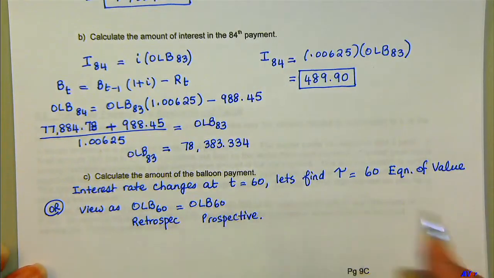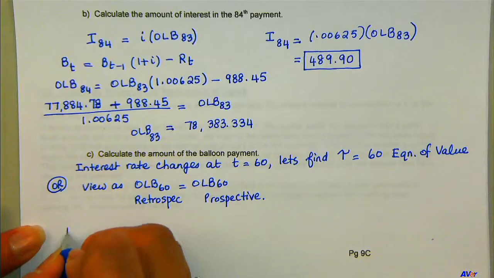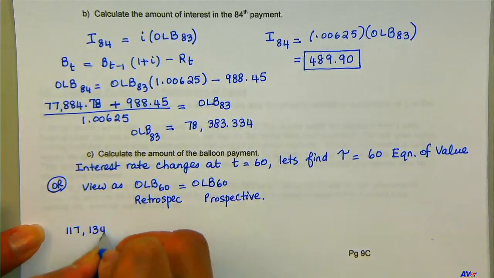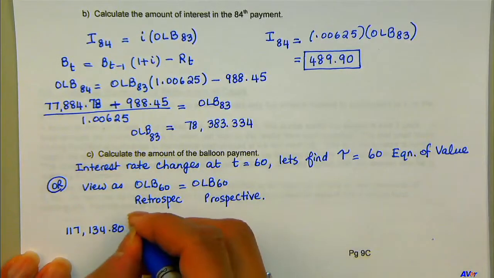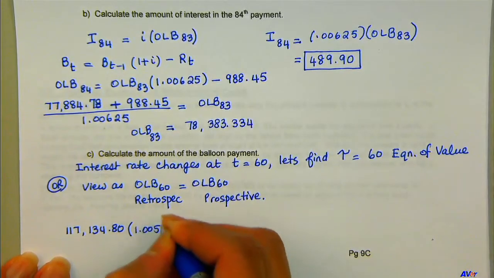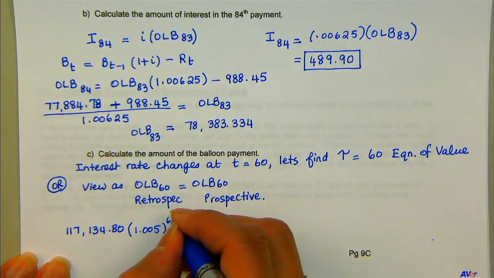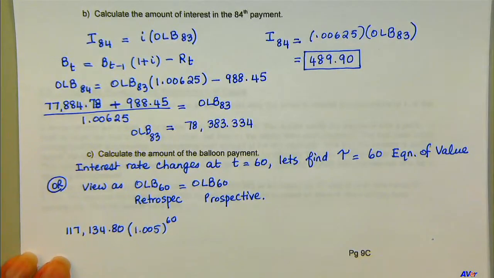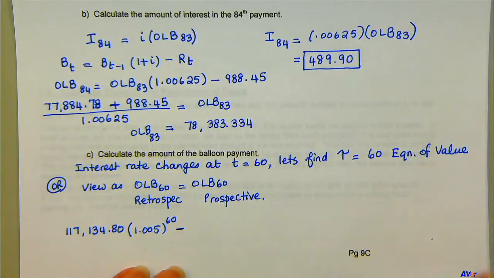We start with this loan, L, which is 117,134.80. Let's grow that to time 60. So 1.005, that was the prevailing interest rate for the first 60 months, to the 60th power, minus all the payments.